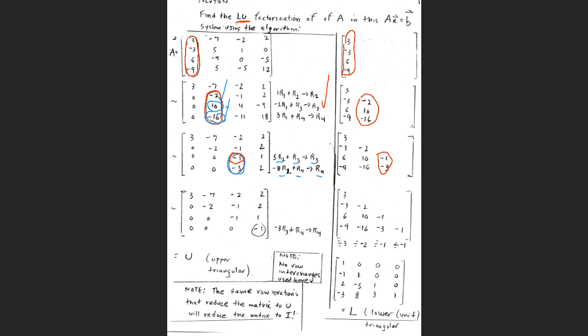So what we do now is, since we want a 0 where the negative 3 is, I'm going to take the third row, multiply it by negative 3, add it to the fourth row, and the result goes in row 4. Then I'm going to have a negative 1 down here at the bottom, in the bottom right. So I put a negative 1 here.